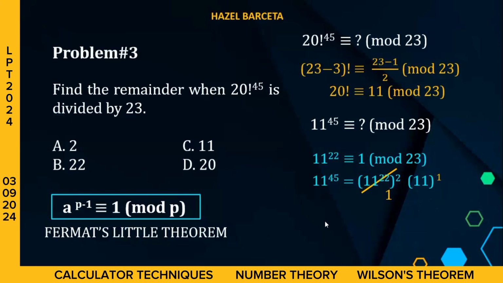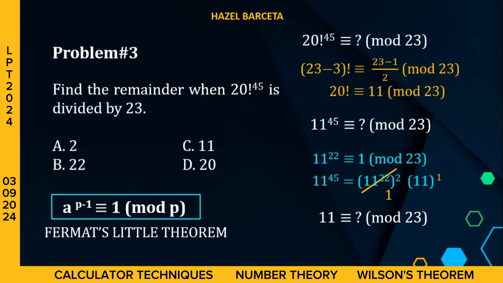Now, we have 11 is, ito po, kokopyahin na po natin. Kasi yung ating 20 factorial raised to 45 ay na-simplify na po natin sa 11 na lang. Then, 11 mod 23, alam na po natin na kaya na po natin.